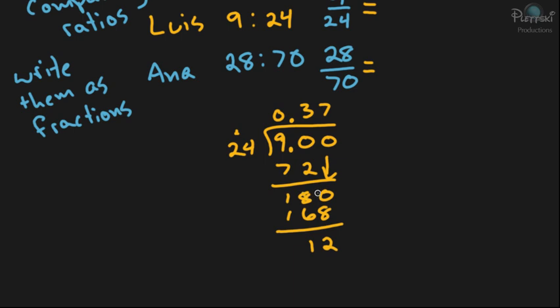Because we borrow a 1, 10 minus 8 is 2, and then 7 minus 6 is 1, and the 1's cancel out. And now we add another 0. And 24 goes into 120 5 times. 5 times 4 is 20. 5 times 2 is 10, plus 2 is 12. And that's our decimal, 0.375.